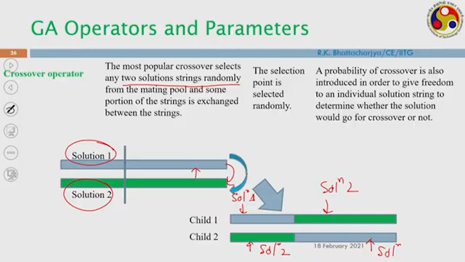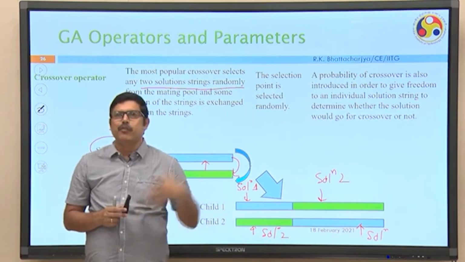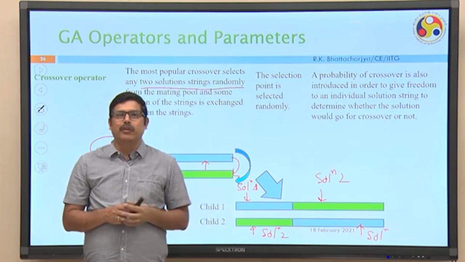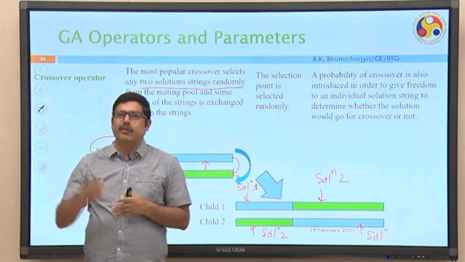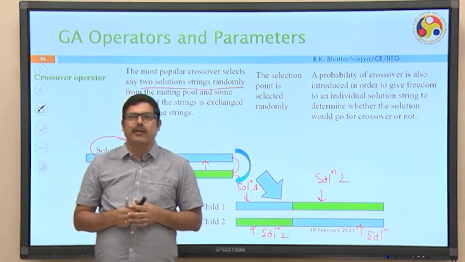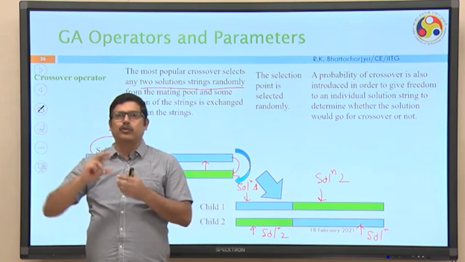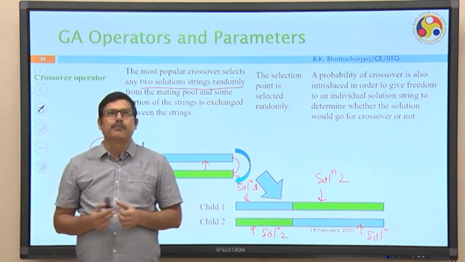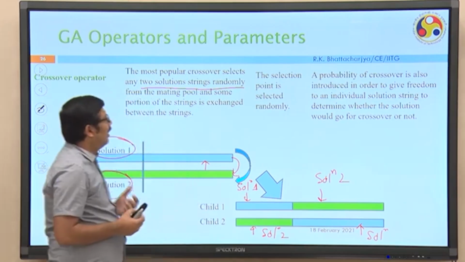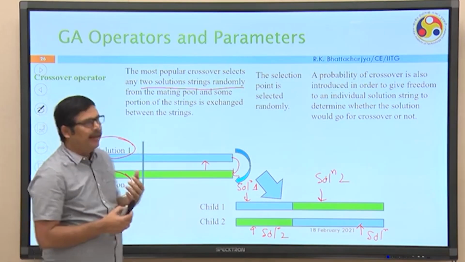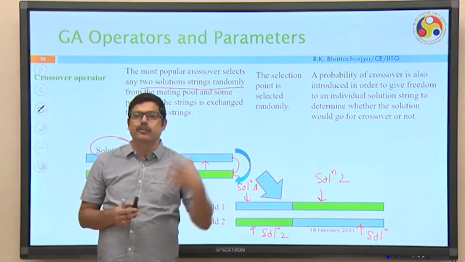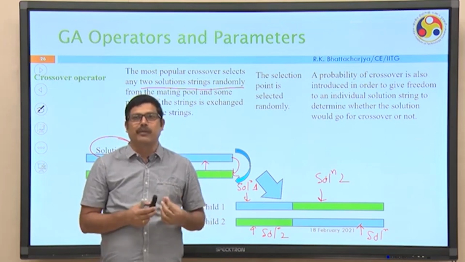Now, the concept is very simple. From the mating pool you select two chromosomes, and these go for crossover. Crossover means a crossover site will be selected randomly, and then you swap the gene information and get new solutions. Now, a probability value is used, which we call the crossover probability.